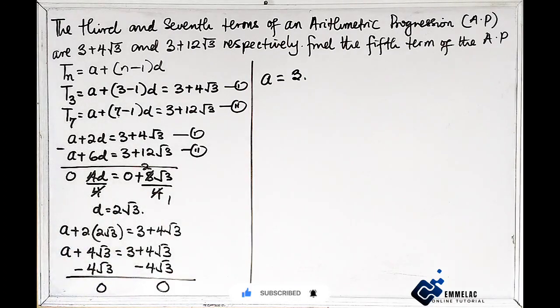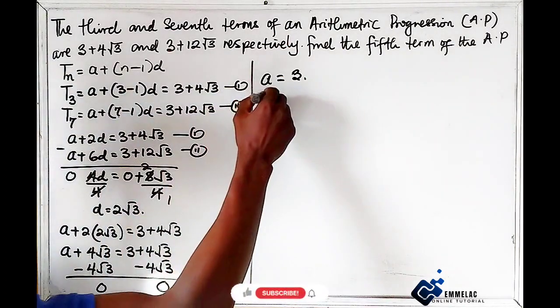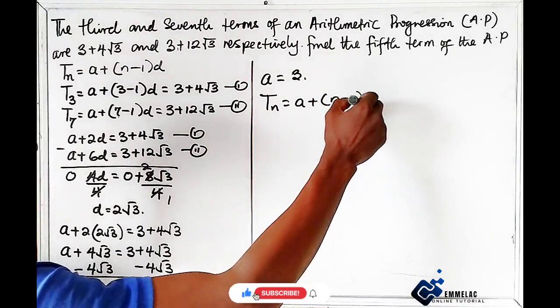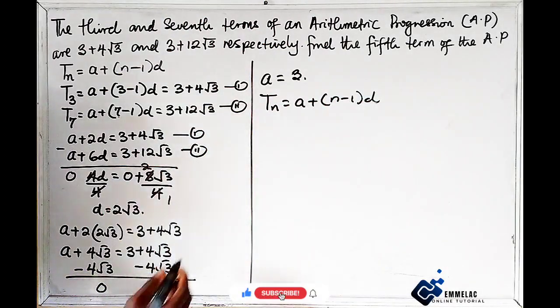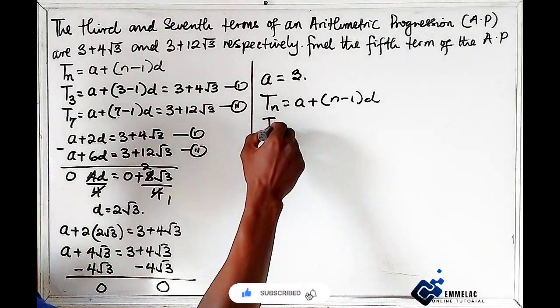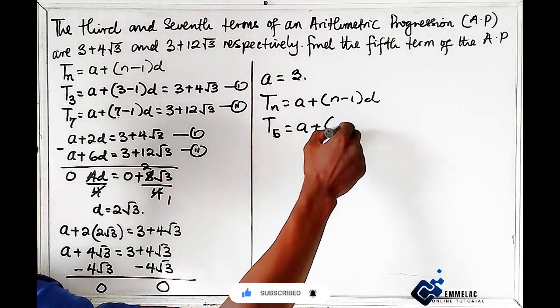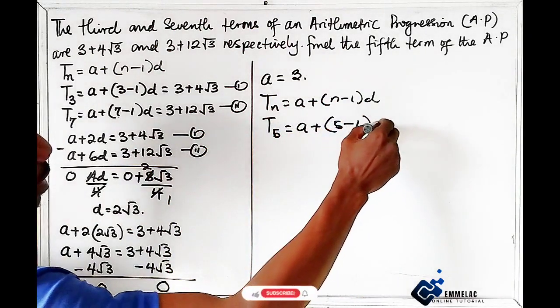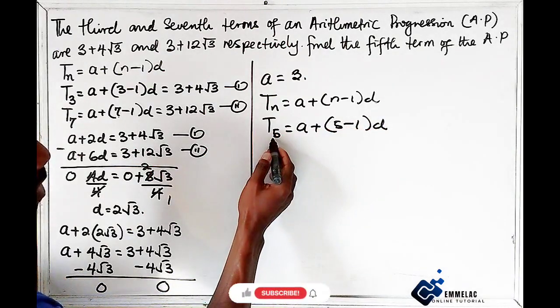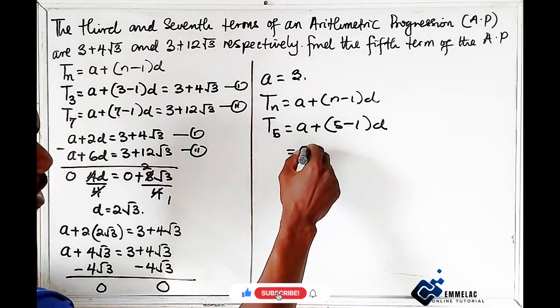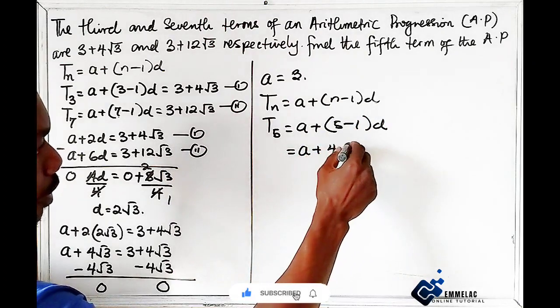Now let us find the fifth term. Bringing down the same equation, for the fifth term as required by the question, we have A plus 5 minus 1 D. This time our N is 5, so here you have A plus 4D.